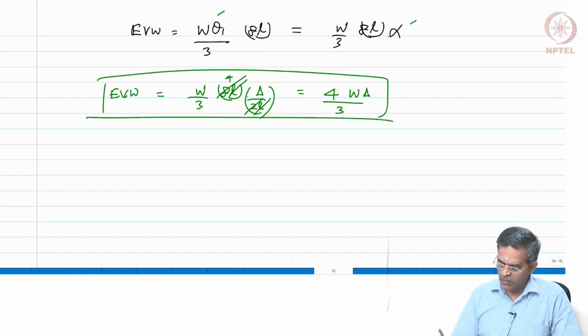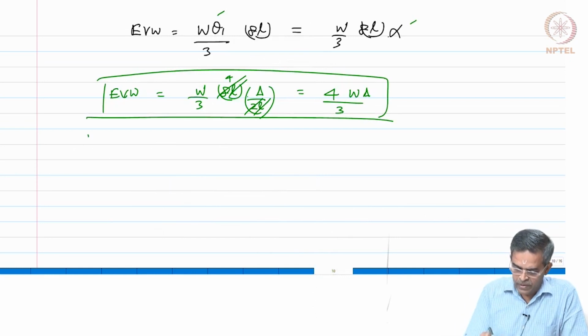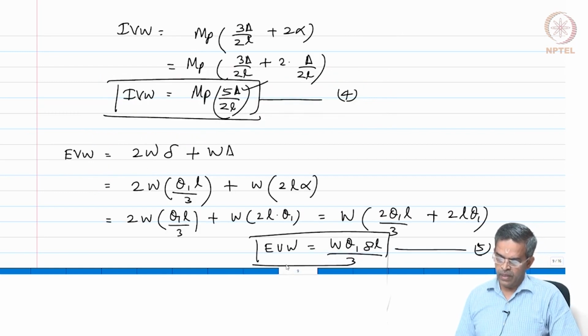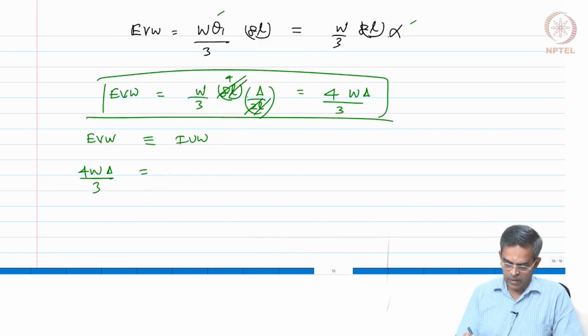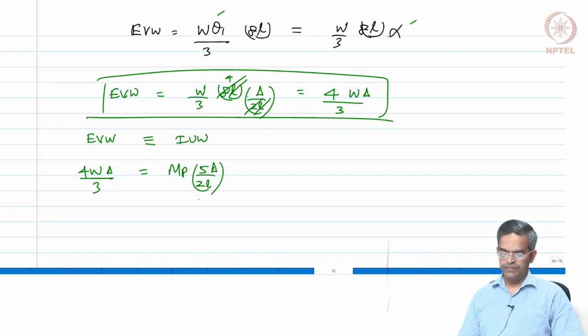So, now you see external virtual work is in delta, internal work is also in delta. Let us compare this. So, external virtual work should be equal to internal virtual work. So, 4W delta by 3 should be equal to MP phi delta by 2L. Okay.